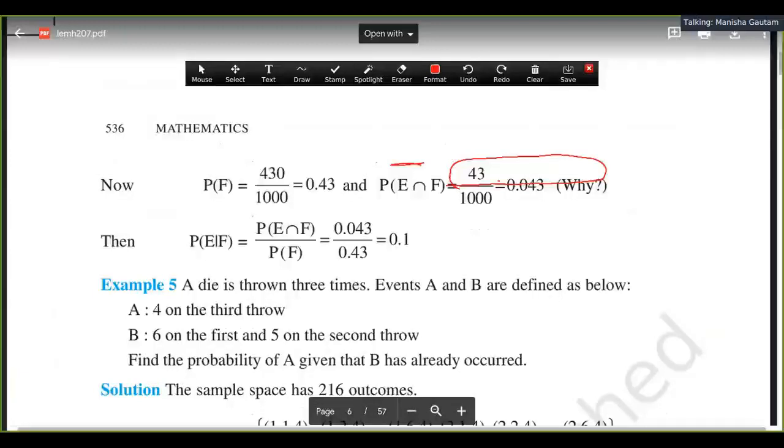Here is the probability of F, the number of girls in the school, 430 upon 1000. The number in the common part, 12th class and girls, is 43 upon 1000. Now you want the probability of E if F already happened.